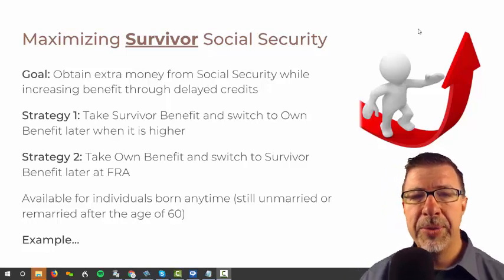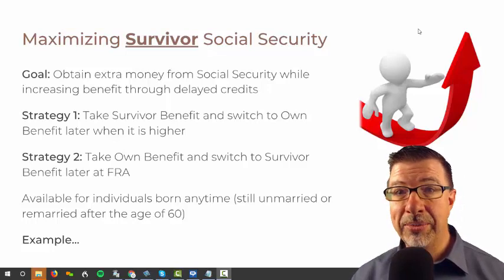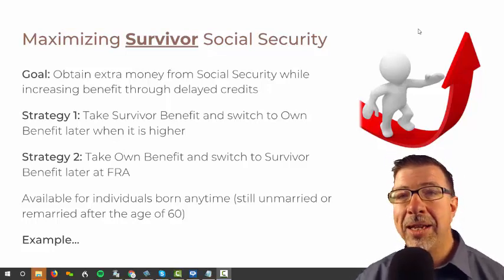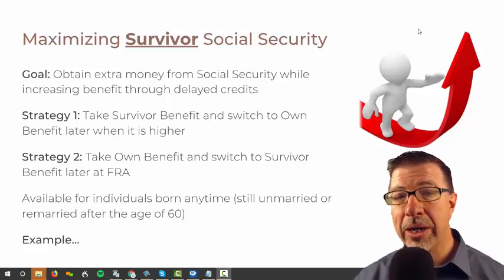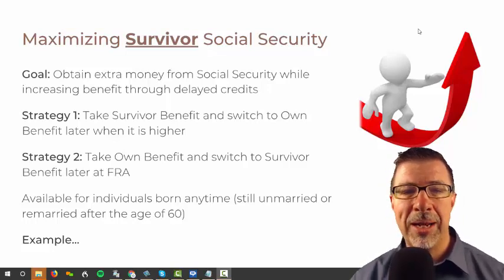So what is strategy one? Strategy one would be you could take the survivor benefit now and then switch later on when your own benefit has grown to be much more at a later date.